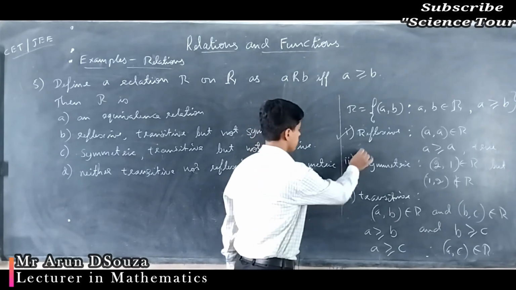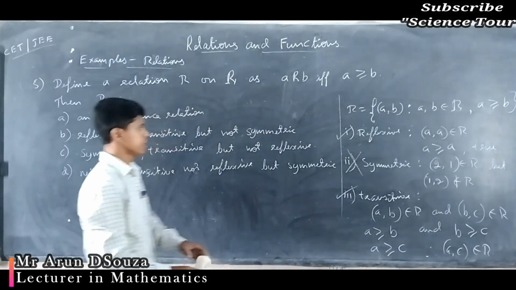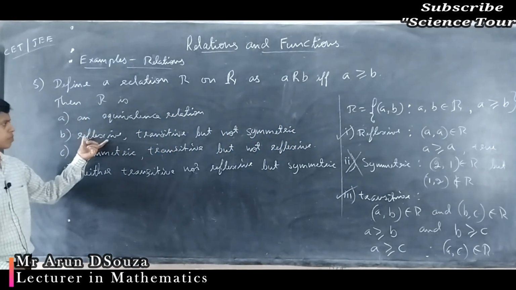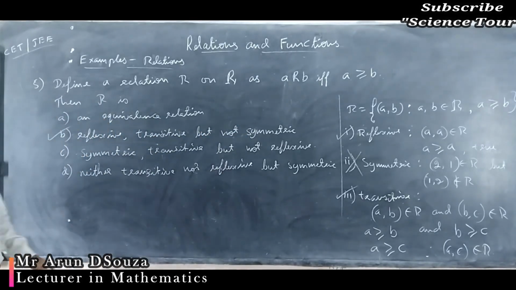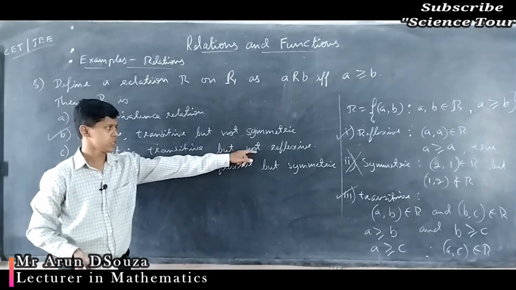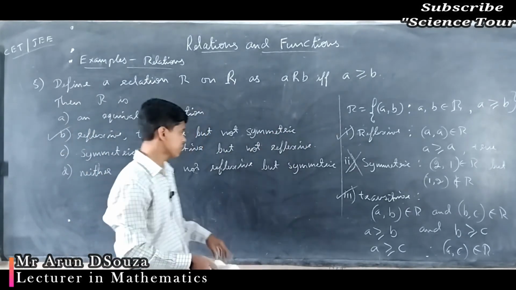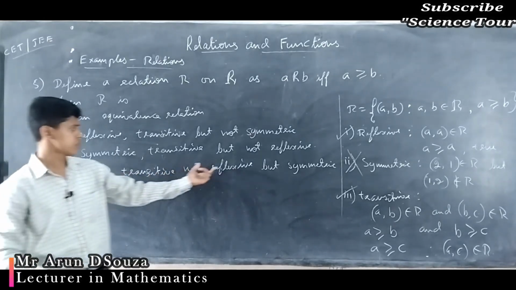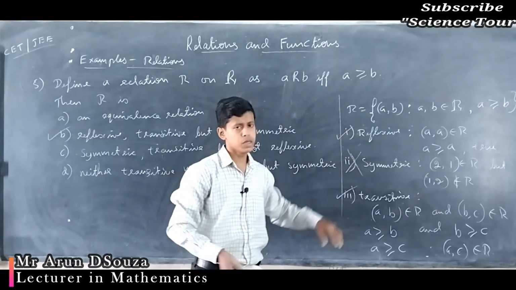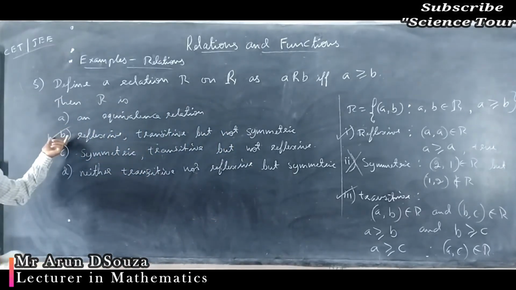It is reflexive and transitive but not symmetric, and that's the right choice. Okay, so not reflexive is given, but it is reflexive. Here they have given neither transitive nor reflexive, but both the things happen. Therefore the only choice for us is option B.